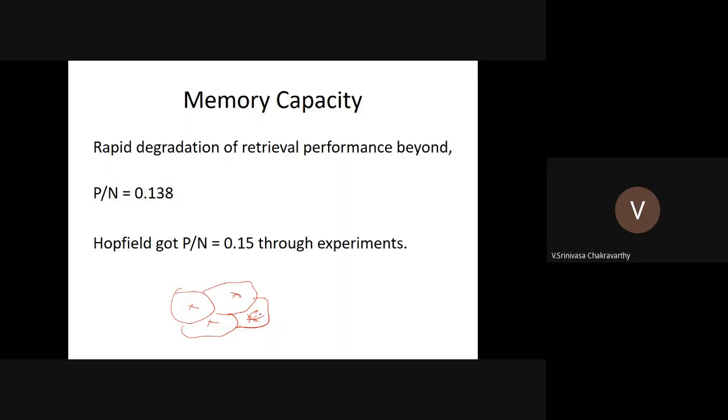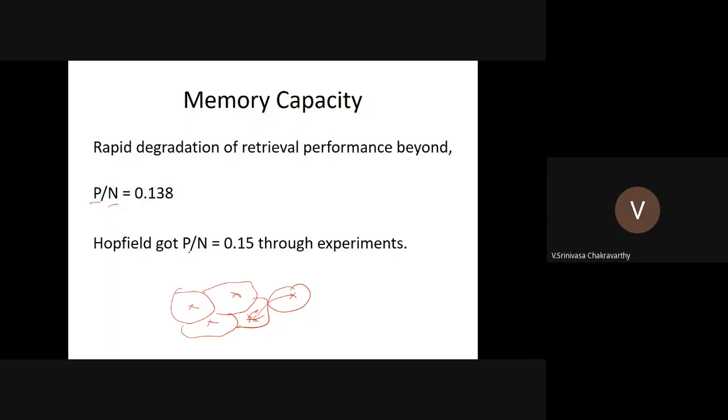But instead of that happening, if it goes off to some other irrelevant state and lands there, then your retrieval performance is going to be affected very quickly. That's what happens in the Hopfield network. So if your ratio of number of patterns to number of neurons is more than 0.138, which can be calculated using some theory which I'm not deriving in this course, then the degradation in retrieval performance happens very rapidly beyond this ratio.